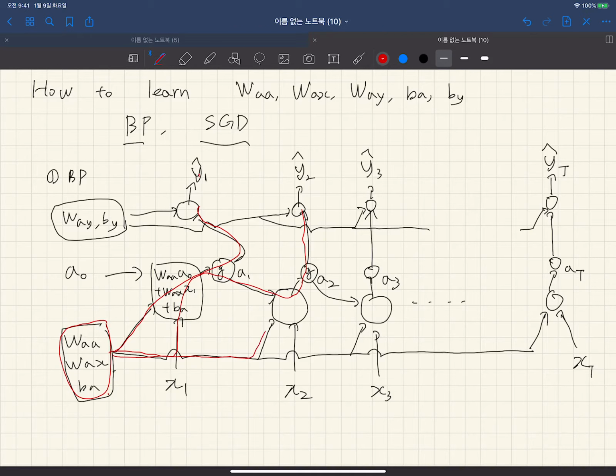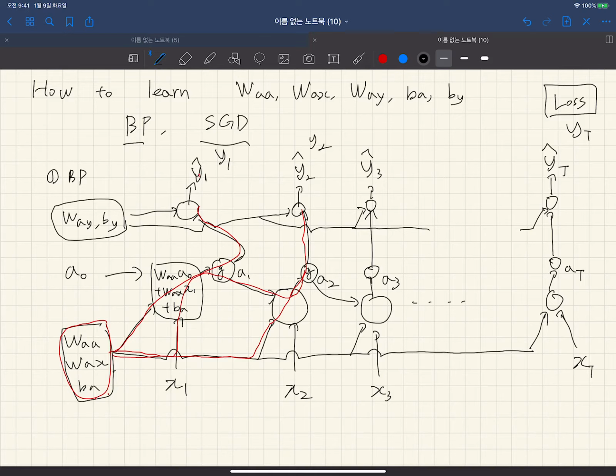A lot of paths from the parameters to the output Y. Essentially, from Y hat 1, Y hat 2, Y hat 3, up to Y hat T, and the reference label outputs Y1, Y2, up to Y capital T, you can compute the loss value. Okay, you can define the loss value, which defines the distance between the estimated Y hat and the true label Y.